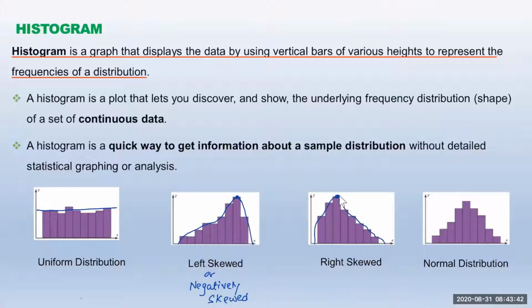The longest tail of distribution is towards the right. Meaning of that is you have more data towards the right. And we say that this data is right skewed. It is right skewed or more towards the positive numbers. So we say this is right skewed or positively skewed.